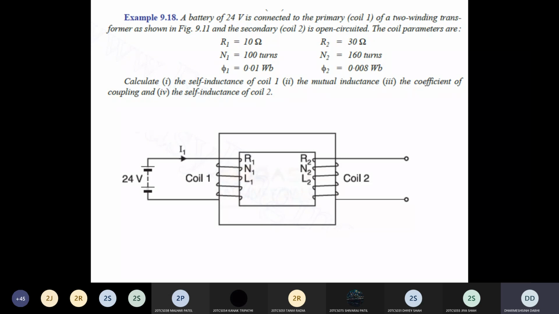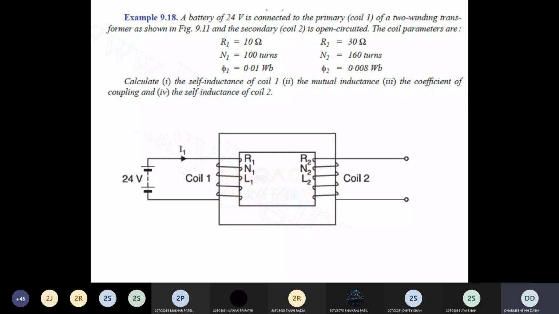Any problem? Find out the mutual inductance. Now here you need some logic. Use the logic to find out mutual inductance. How much flux is linked with coil 2? Is it given in this example? Here current is flowing only in coil number 1.